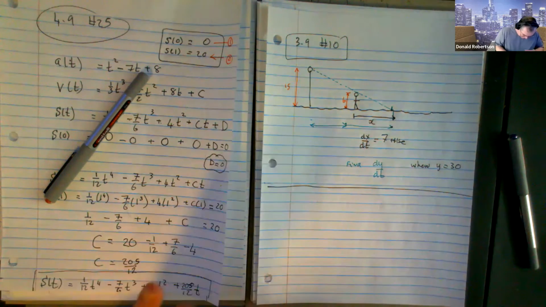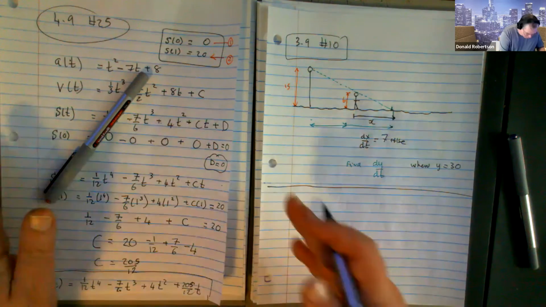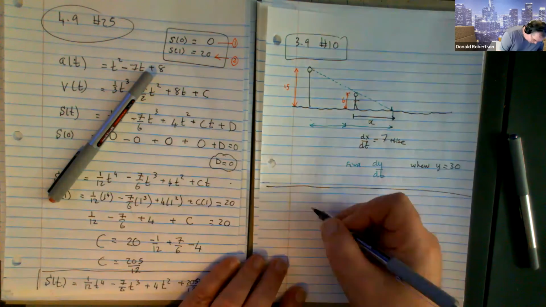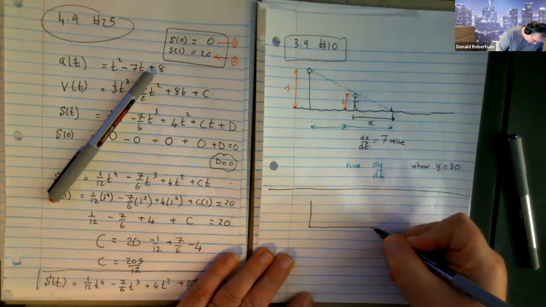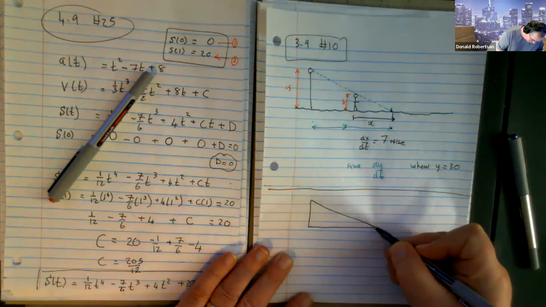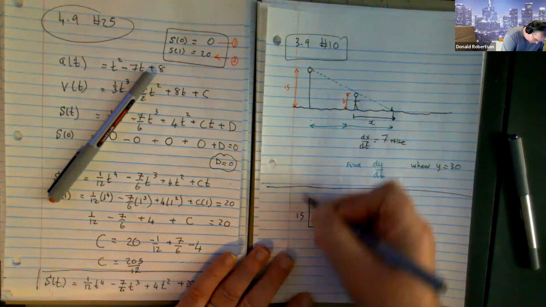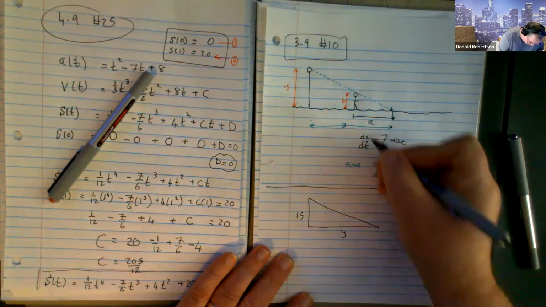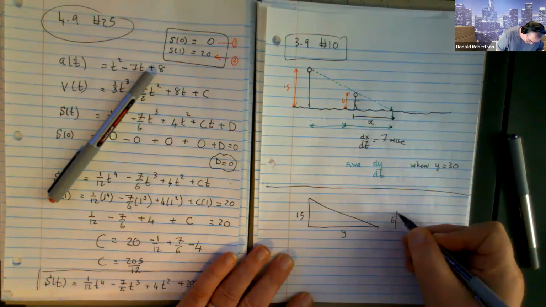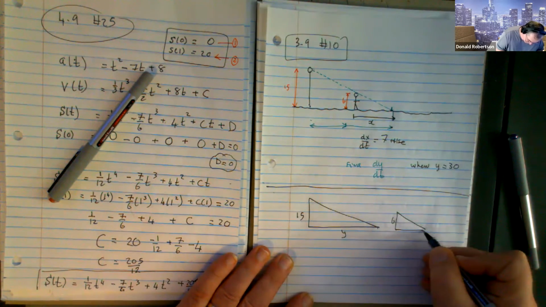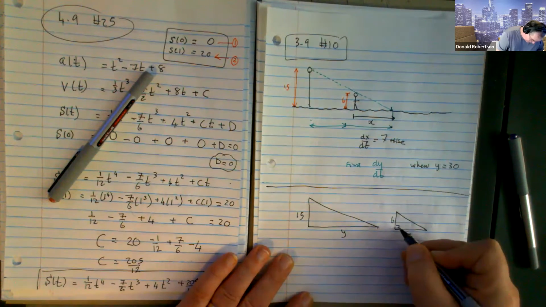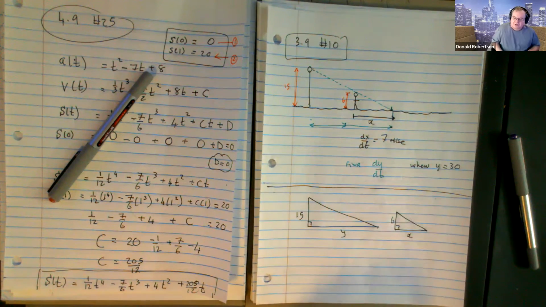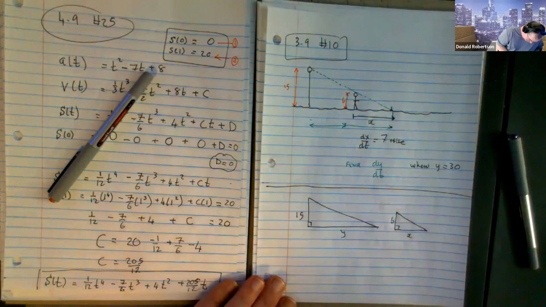So what I'm going to have to do here is get a formula that's connecting the x's and the y's together. And the way I'm going to do this is by using what's called similar triangles. I know this is 15. I know this total distance is y. And I have a little baby one, which is 6 and x. And these two triangles are the same shape but different sizes. That's called similar triangles when that happens.